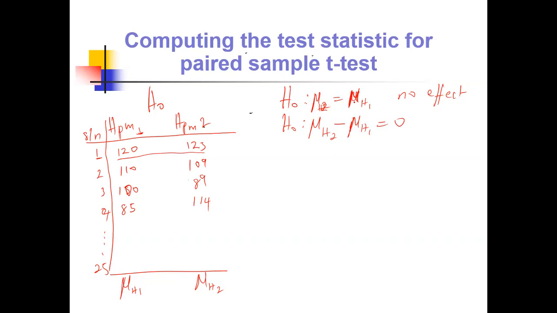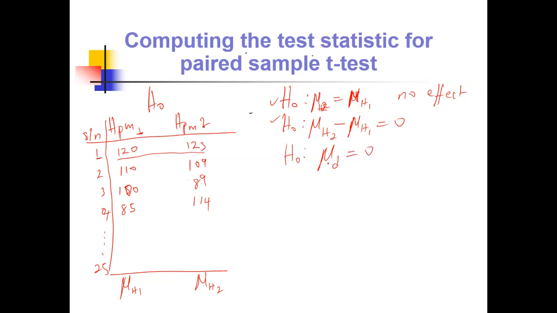The first one is saying they are the same. Mu before and after are the same. The second one is saying if they are truly the same, then when you subtract them from each other, you should get 0. Okay, so technically these two statements are saying something in different ways. So there's a third way still, which is the one we actually use in the formula. The heart rate difference is equal to 0.